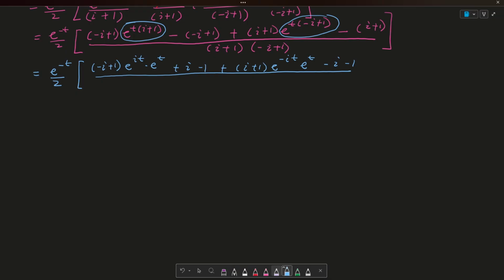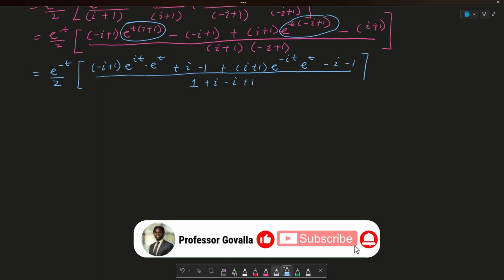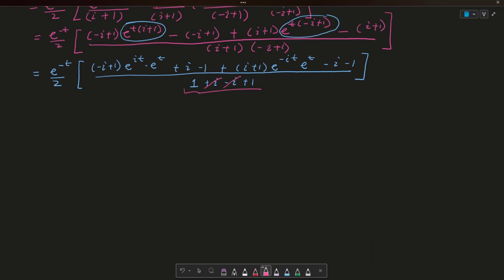So i times minus i is simply 1. i times 1, this is going to be plus i, minus i plus 1. And this is here closed up. As you can see, this cancels out. And this here is equated to 2. So let me go ahead and erase the entire thing and simply write in 2.